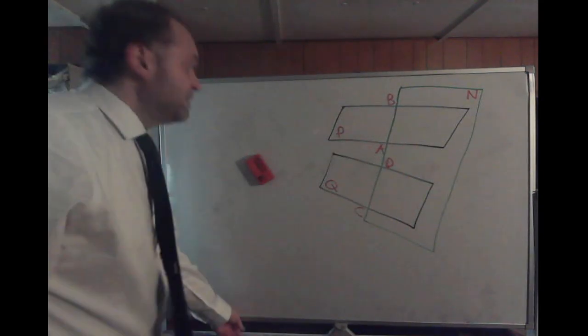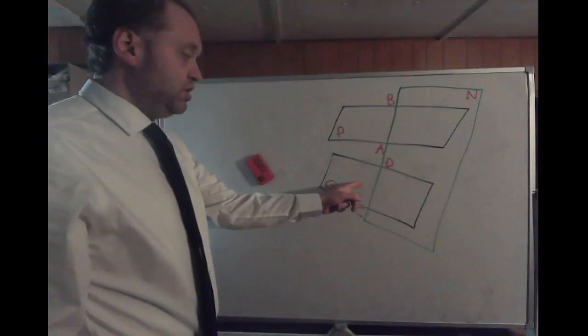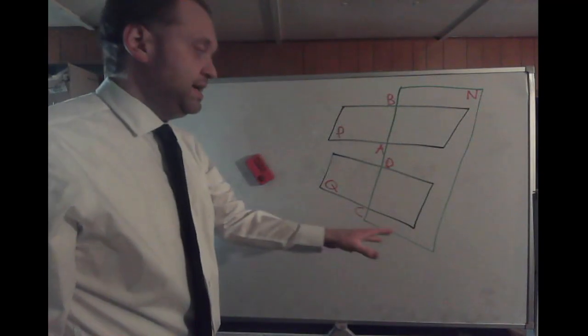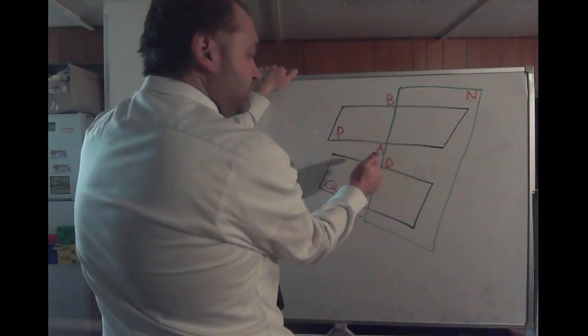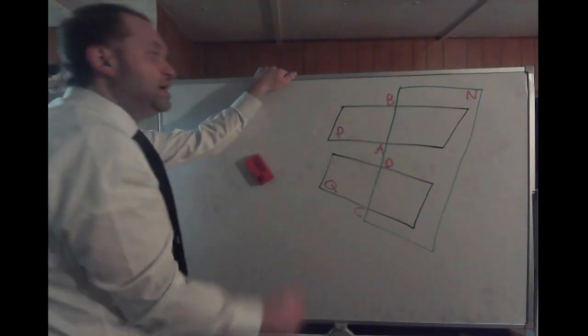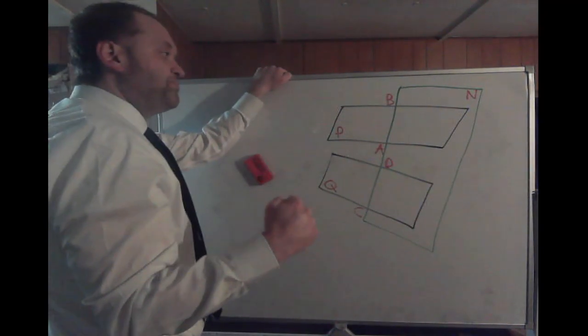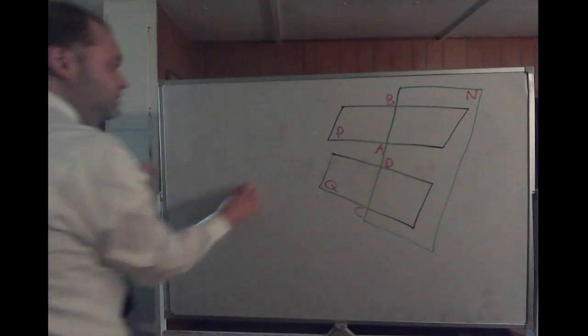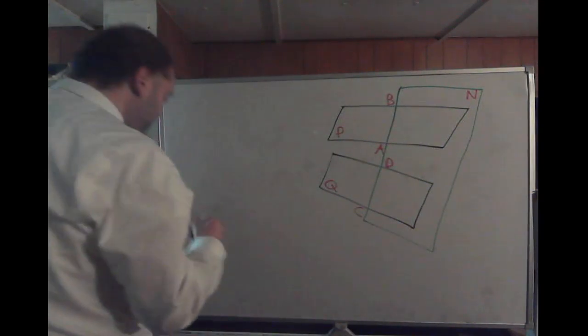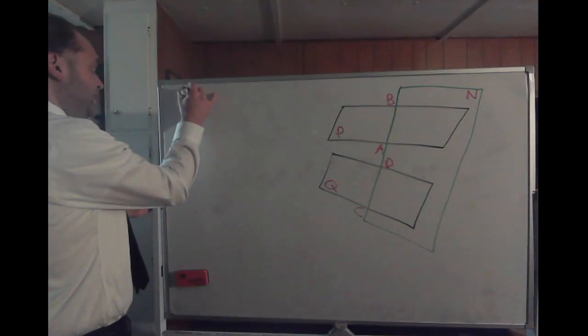So far we have a diagram with planes P and Q cut by transversal plane N. The segment where plane N meets plane P is segment AB. The segment where plane N meets plane Q is segment CD. So far we see that. What are we given?